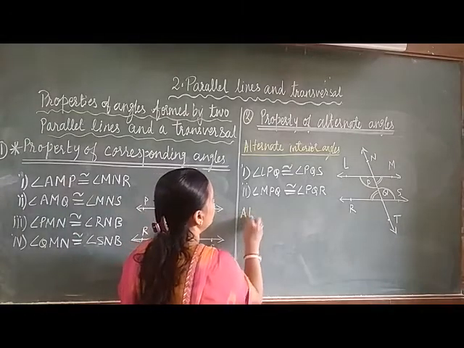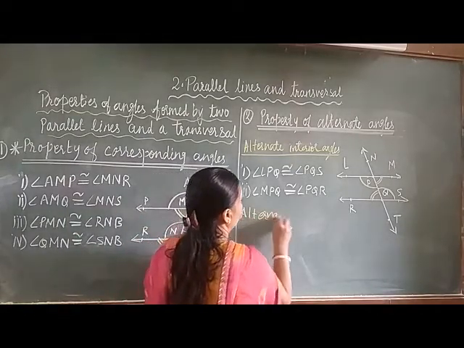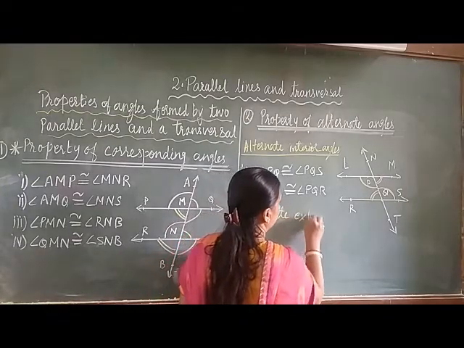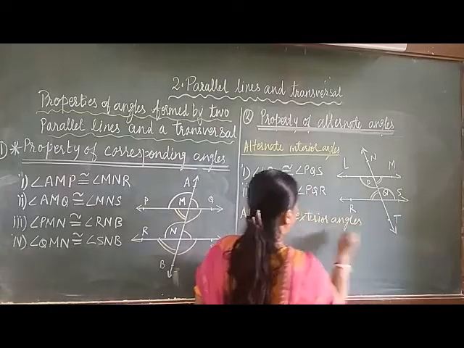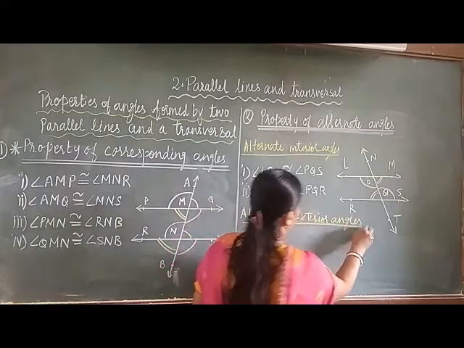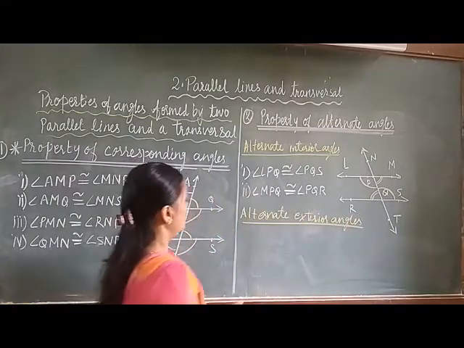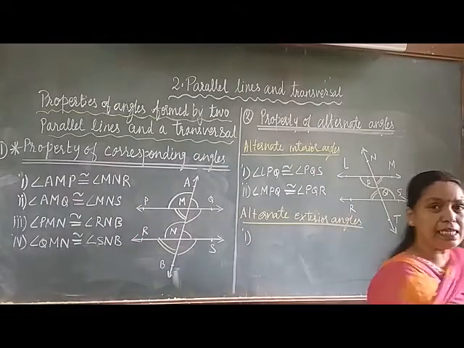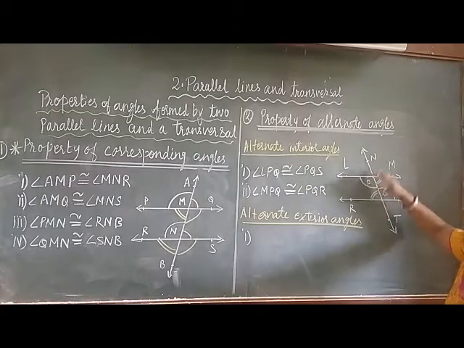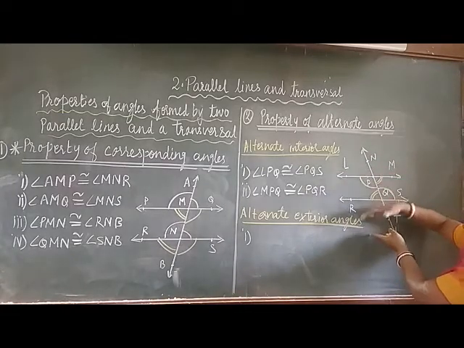Now, alternate exterior angles. The first one. Here, exterior angles are outside the given two parallel lines.